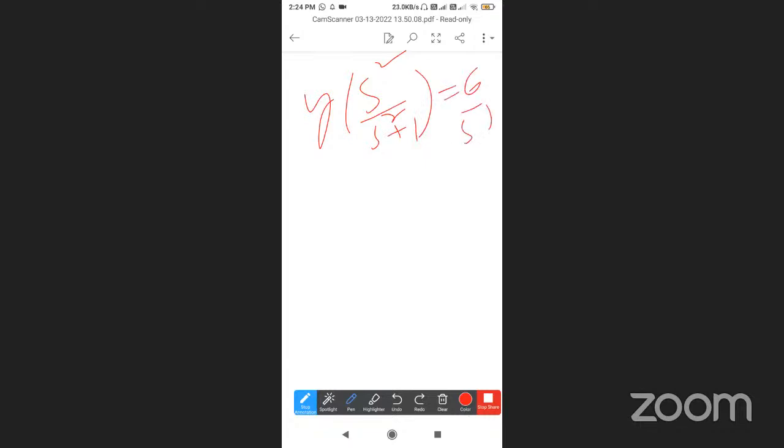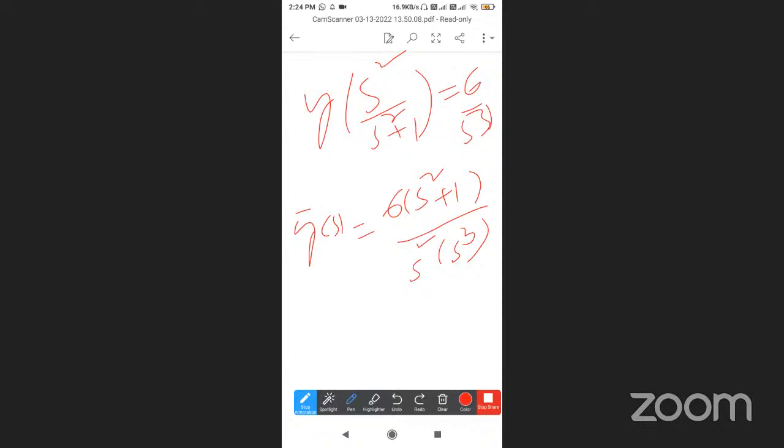We take the right side part. So y bar of s is equal to 6 into s square plus 1 by s square into s cube.